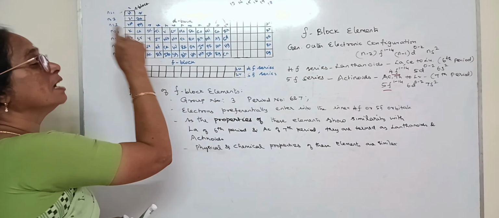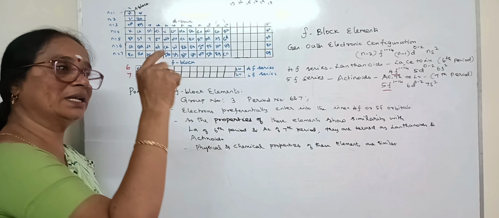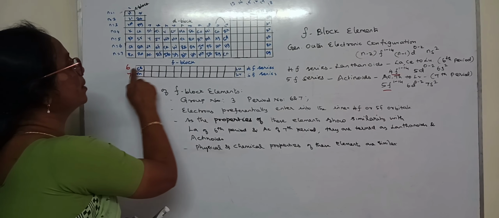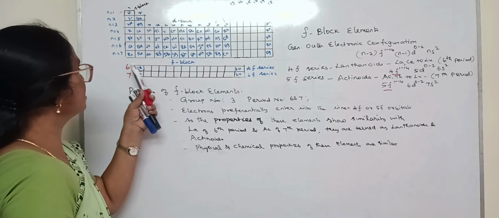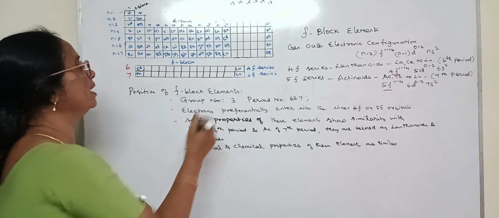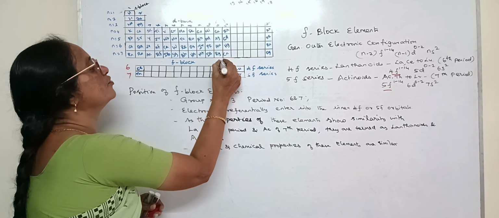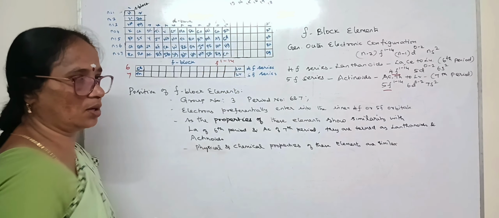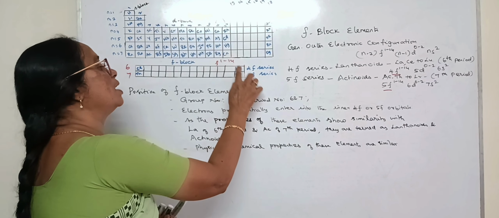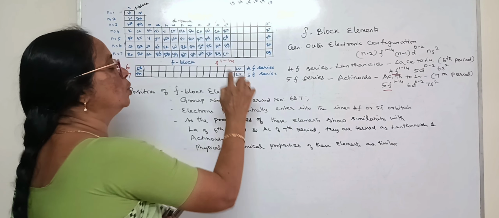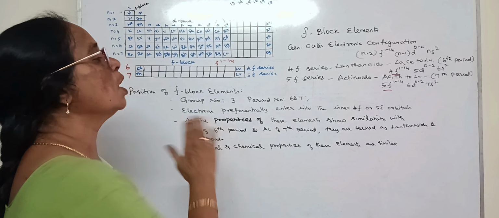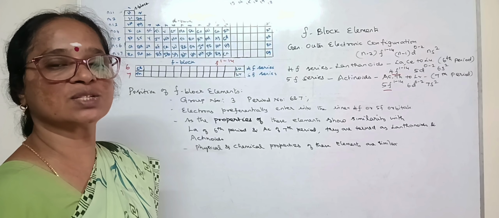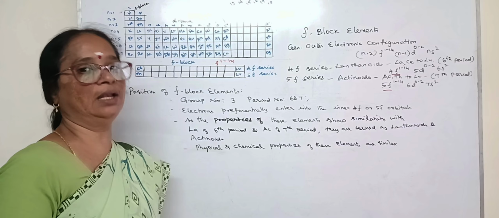It has f orbital 0 but d orbital has 1 electron, followed by cerium to lutetium. In cerium to lutetium only, the f orbital is being filled progressively from 1 to 14 electrons. So after the fill up of the last element lutetium and lawrencium, once again the penultimate n-1 d orbital is being filled up.